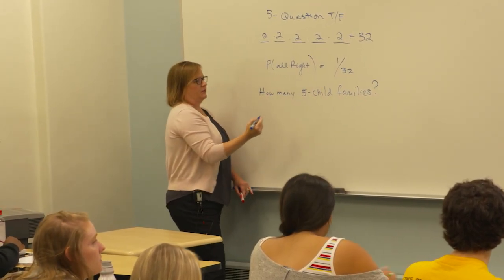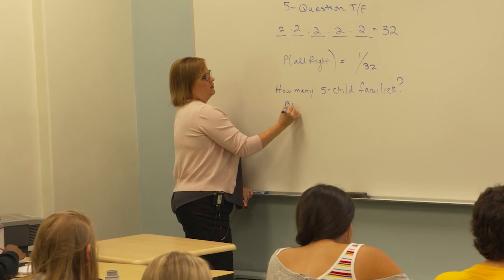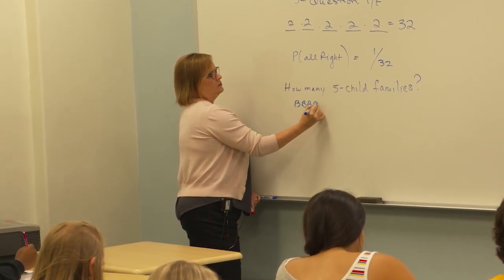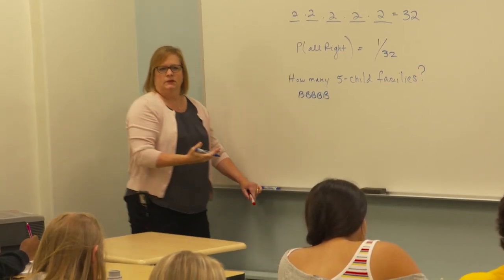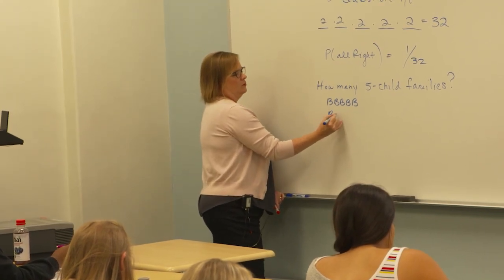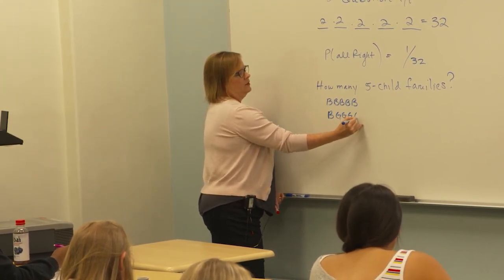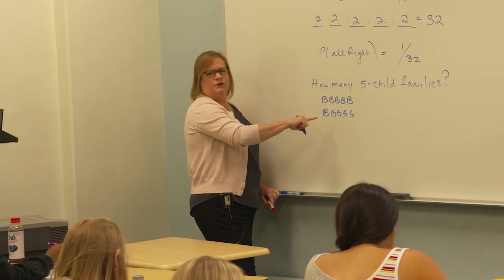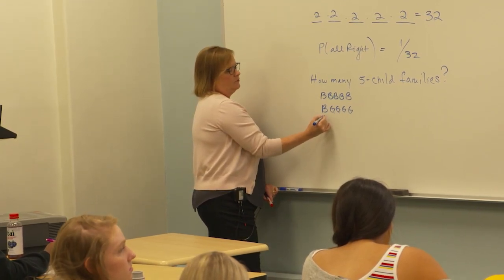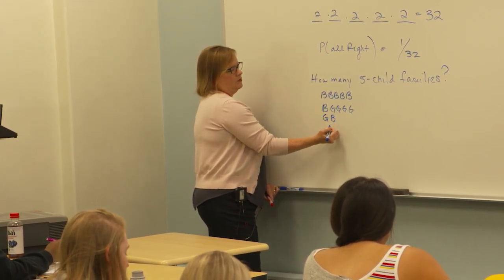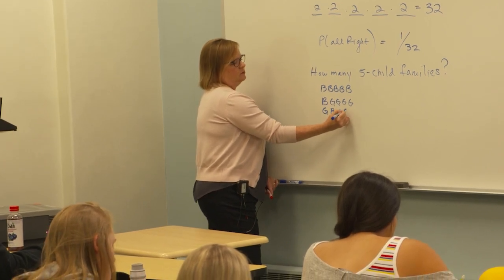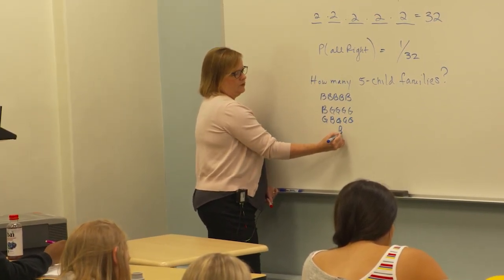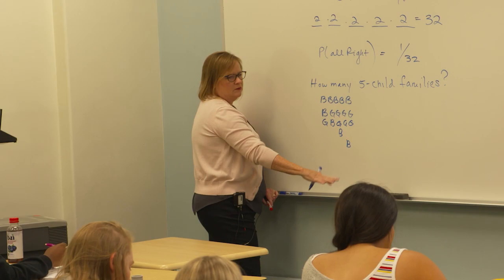And what I'm talking about there is like, are they all boys? So that would be one of them. It could be 1 boy with 4 girls, but we care about the birth order. So that boy could have been first or second, right, with a bunch of girls, or third or fourth. So you're counting all of those, right?